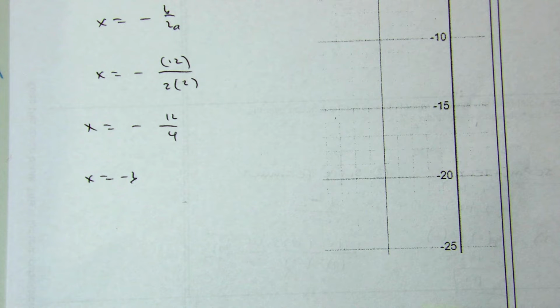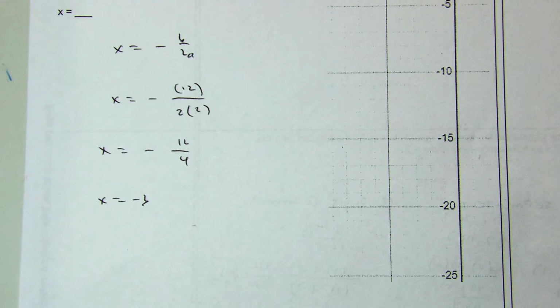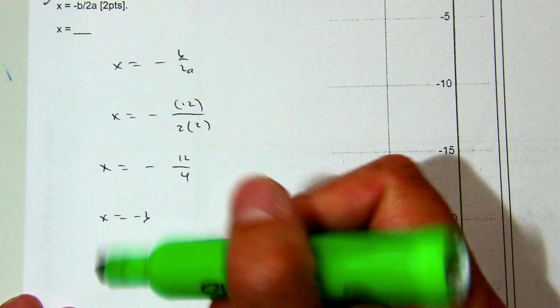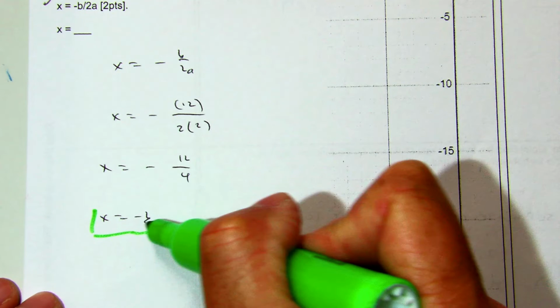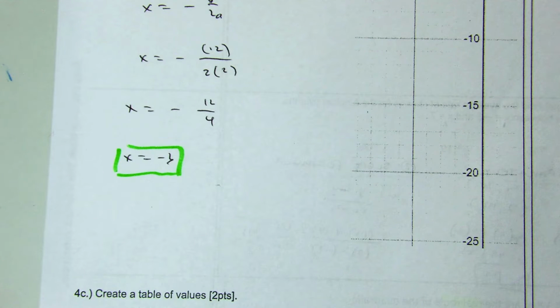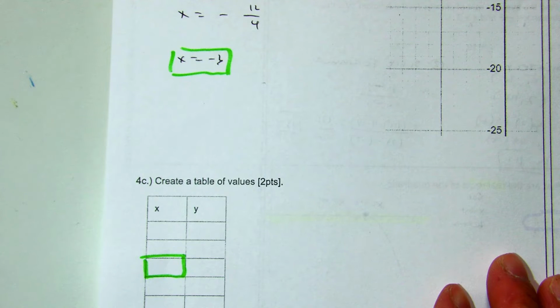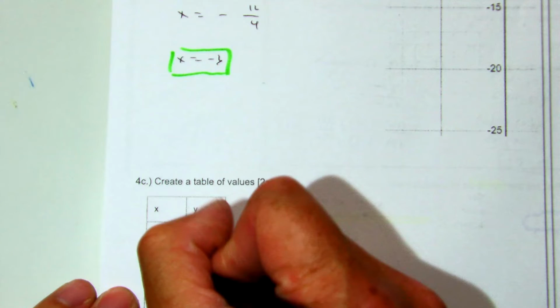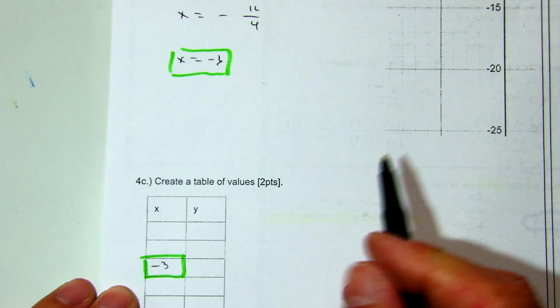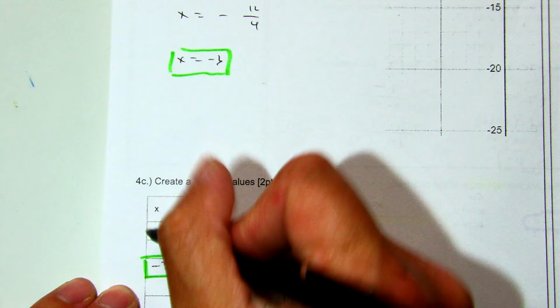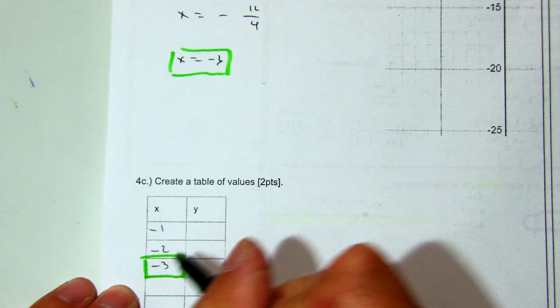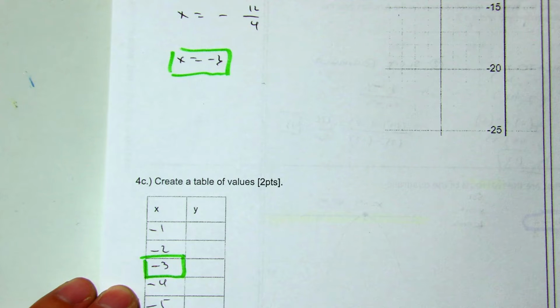For question 4b, we found in the previous problem x equals -3. And this is what goes into the middle of my graph. So from here, I think of the x number line, so -2, -1, -4, -5.